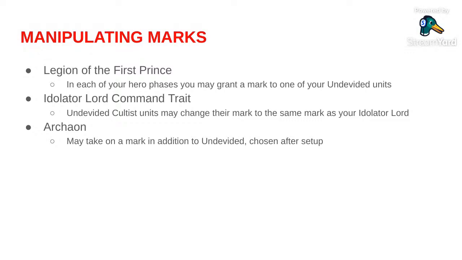That's not included in your list. So he's always got the Undivided mark, and then he gets to choose an additional one at the start of the game. It's a cool little bit of flexibility he has, although you're probably going to have something in mind with how you want to run him off the top. So I don't know how much that really is going to matter.